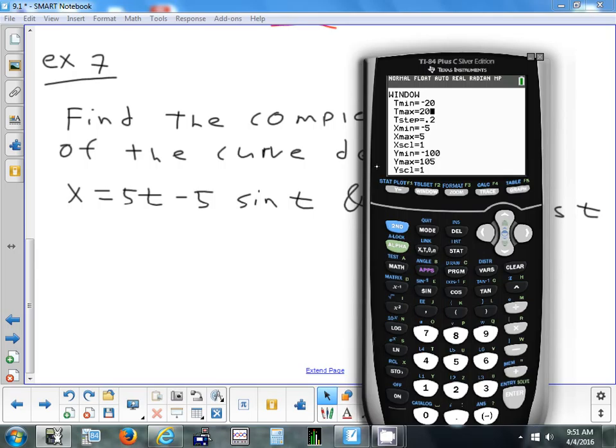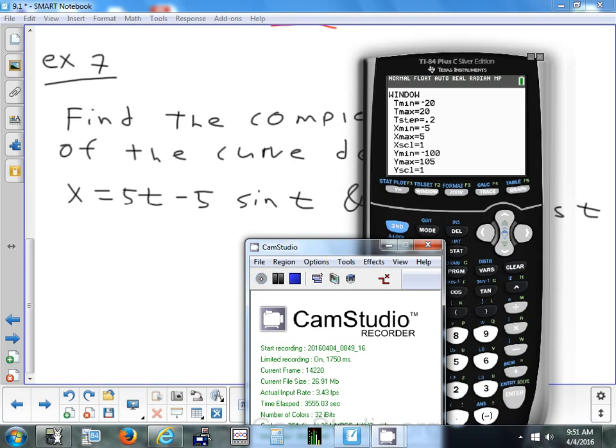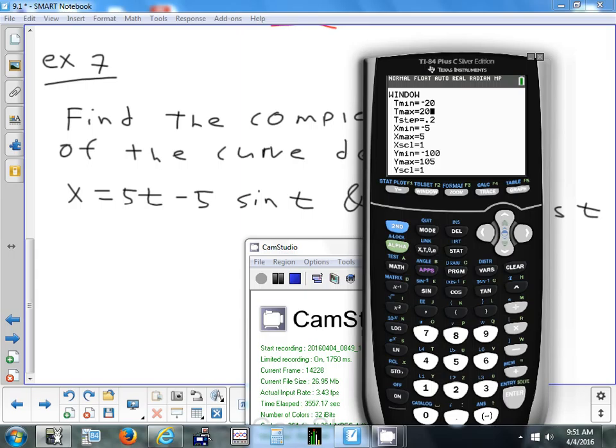Okay, what's the biggest that sine ever goes? 1. And what's 5 times 1? 5, minus 5. But t, if we use the biggest value t can hit, what's 5 times 20? 100. And we said -5. So x, the way I have it set up, is never going to go beyond 95. All right, so try putting x at like 95, and let's try -95.